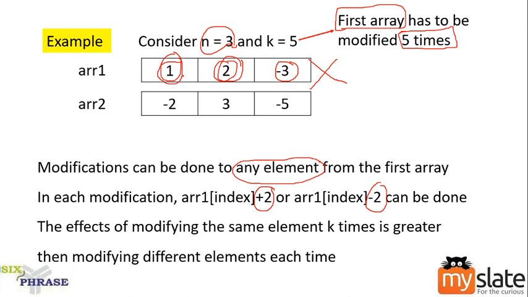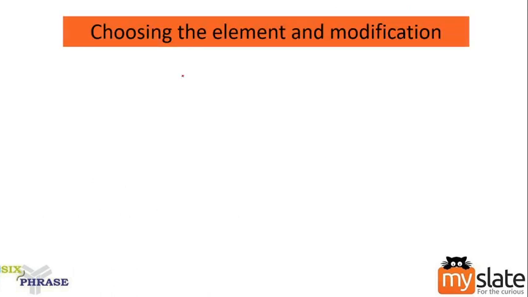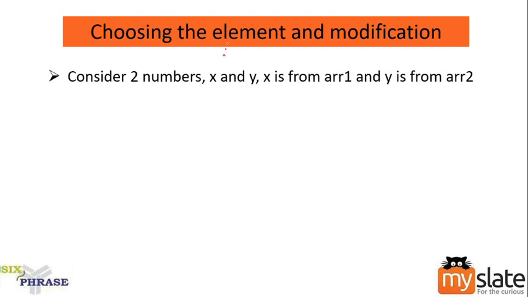Yes. So how do we work on this problem? First of all, you need to understand how to modify an element, that is, which element has to be modified. That is most important. How can we choose that? Choosing the element and choosing the modification, both are important. Now, consider two numbers x and y, some random numbers guys.